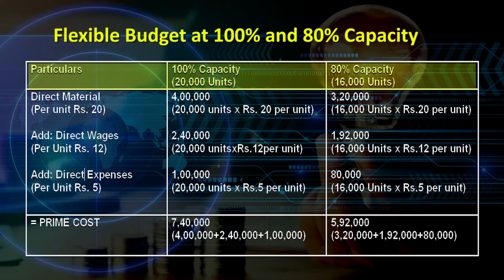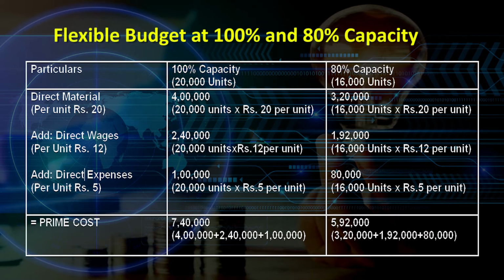First of all, prepare a flexible budget statement with 3 columns: particulars, 100% capacity which is 20,000 units, and the third column 80% capacity, 16,000 units. Let us now start putting the costs into this statement. The direct cost first.